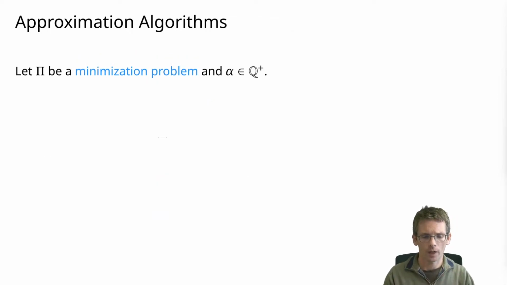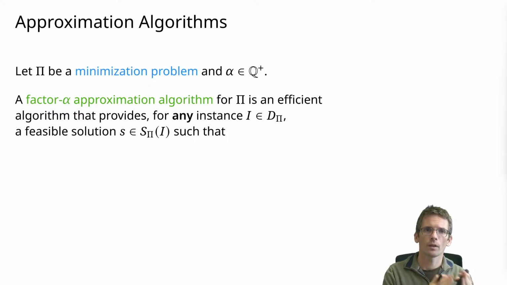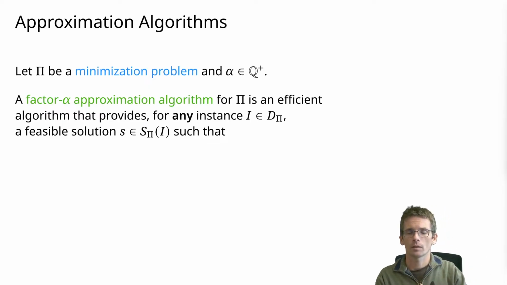And now we can define what an approximation algorithm is. So for a minimization problem and a given rational alpha, a factor alpha approximation is an efficient algorithm.